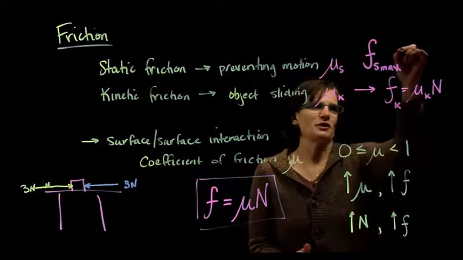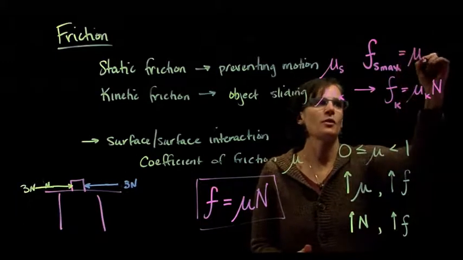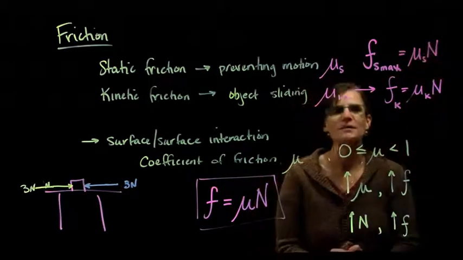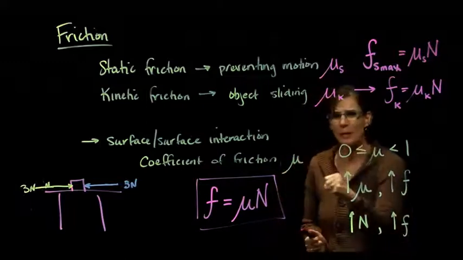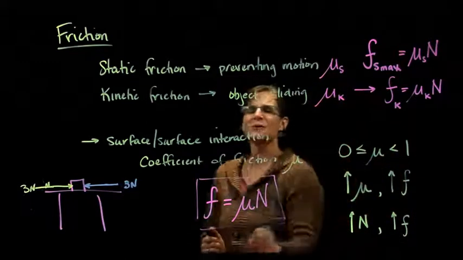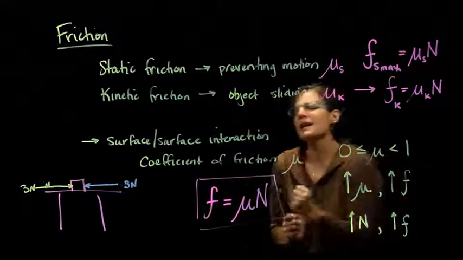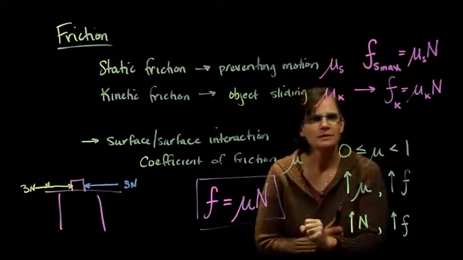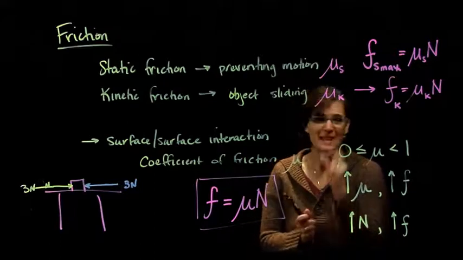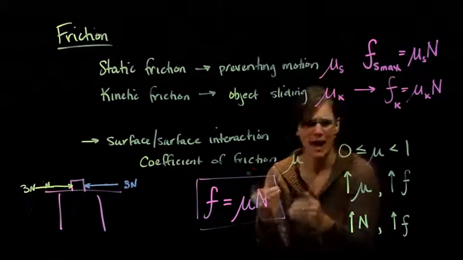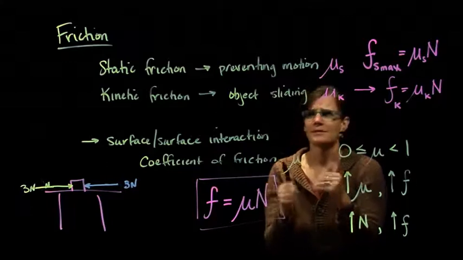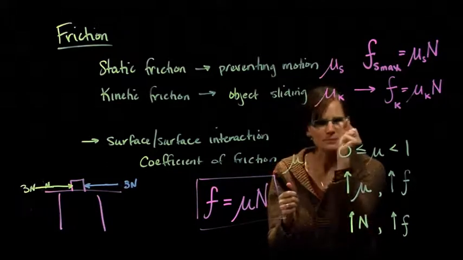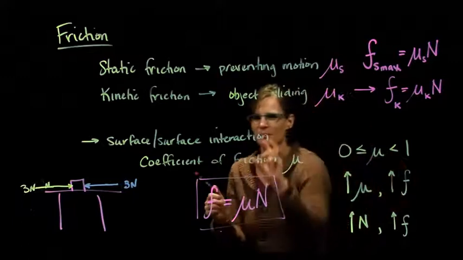Maximum static friction is equal to the coefficient times the normal force. My fun equation is only at the point where I can break through and get that object to move, opposing that static friction, or it's at the point where it is the last hold and static friction is winning. So that border right there, those are the same. We can't distinguish between them. They're right at that change point.